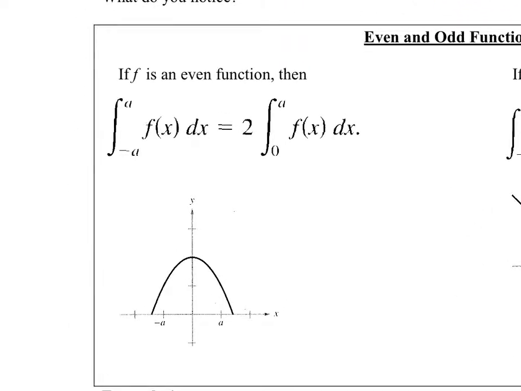If f is an even function, then the integral from negative a to a, notice you have to have opposites as the ends of your interval, of f of x dx is going to be 2 times the integral from 0 to a.